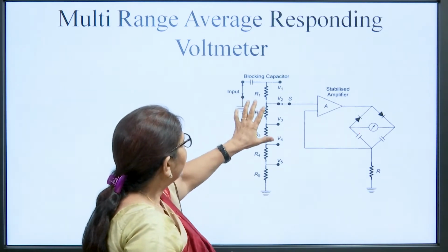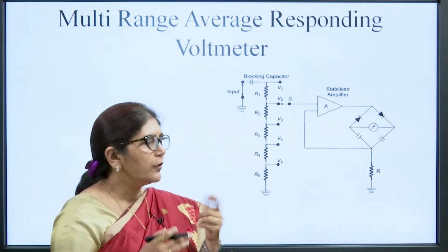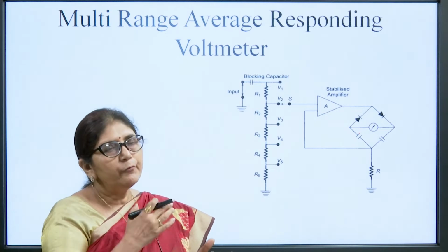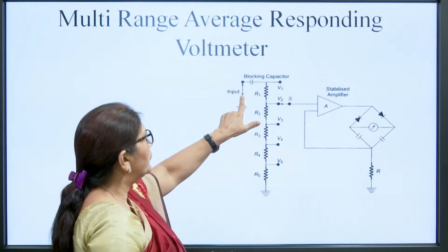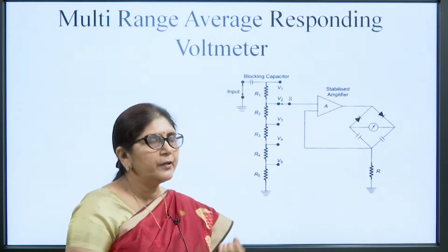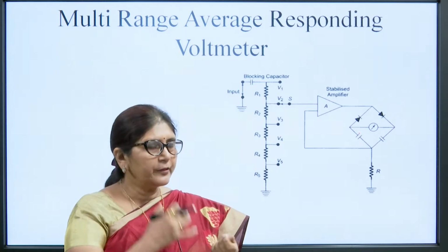When we want to measure an AC signal, we have to block the DC voltage, if any DC voltage is in the signal. So, suppose we have applied input here, we are using a blocking capacitor. As we know, the capacitor reactance increases as frequency decreases.